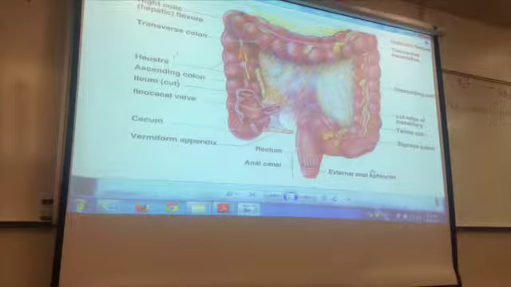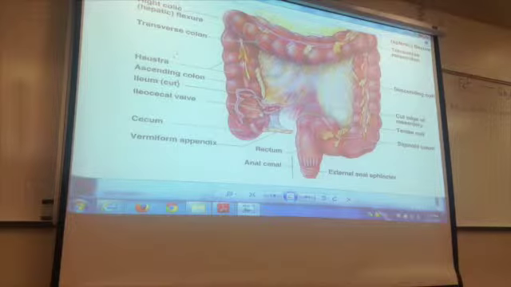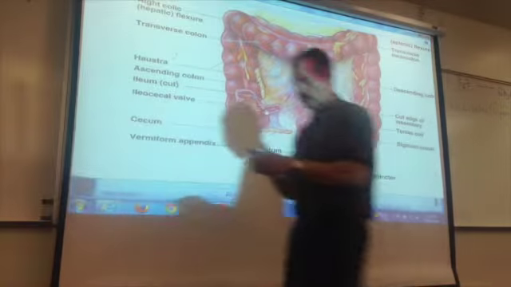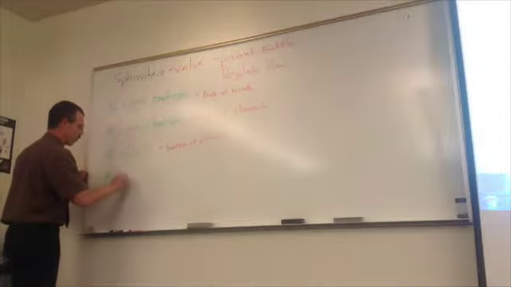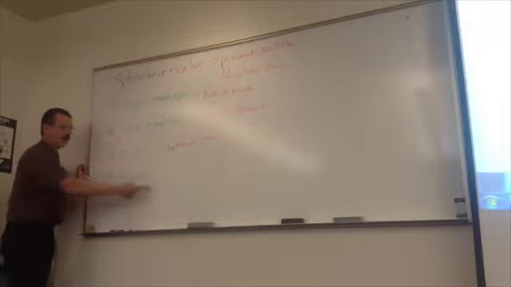Where do you think the next one will be? Very good. Let's go to this picture. Say hello to my colon. Your small intestine was in the middle. But here it is, right there. There's a valve or sphincter. That's your ileocecal. We usually call it a valve. But you can call it a sphincter for today. So number 4 is my ileocecal valve. And if you put a hyphen in it, that'll help you remember it's between your ileum and your cecum.